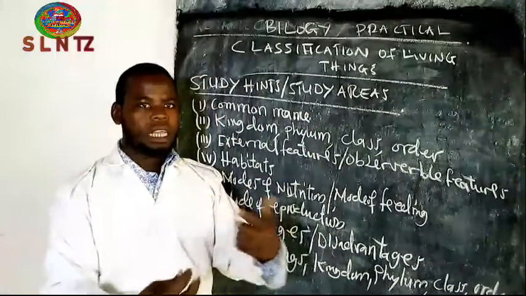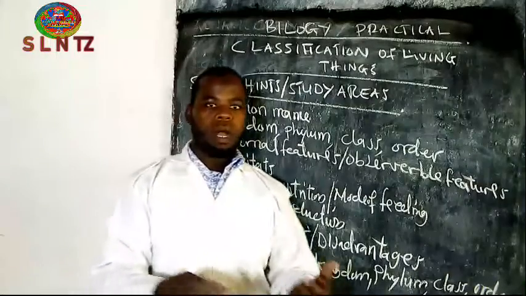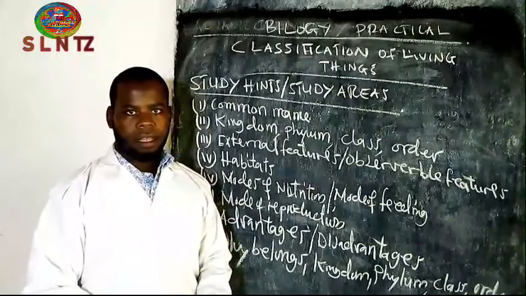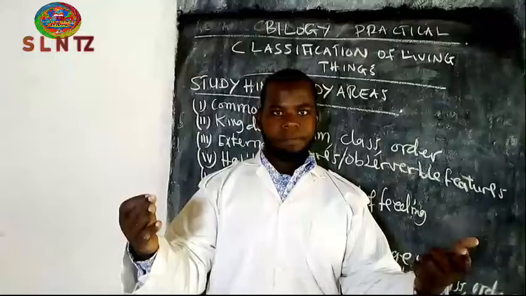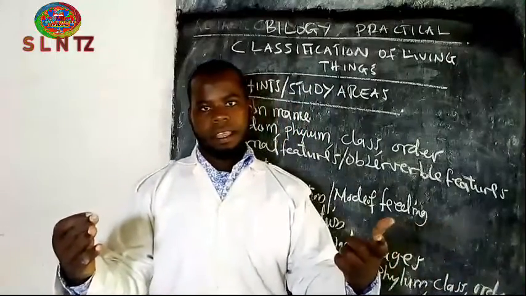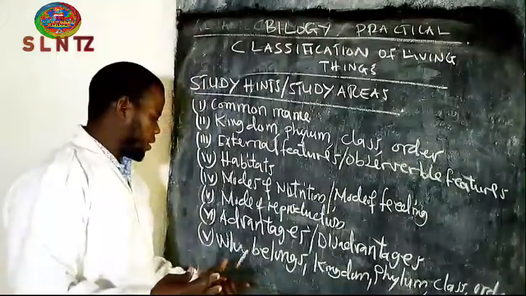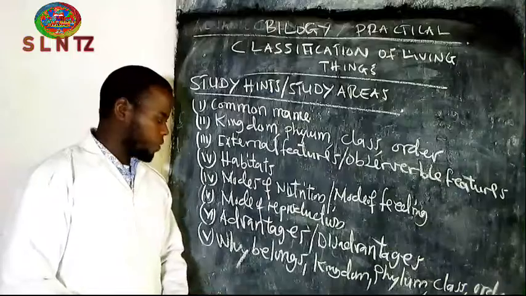So you have to study by searching the reasons why it belongs to a specific group. Do you understand? Student, have you understood this? That is a very important hint, an area you have to consider.